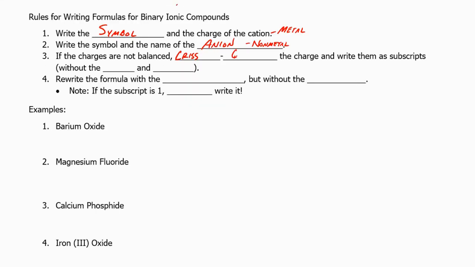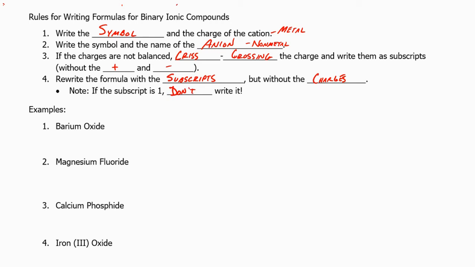By crisscrossing the charge, we write the numbers as subscripts, but without the plus and the minus. After this, we rewrite the formula with the subscripts, but without the actual charges there. An important note here is that if a subscript is 1, then we don't write it.